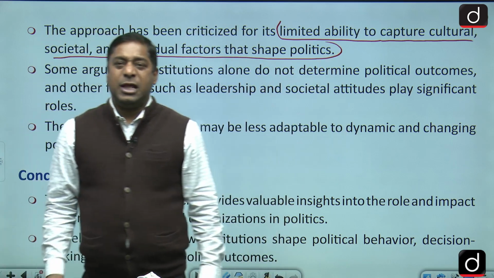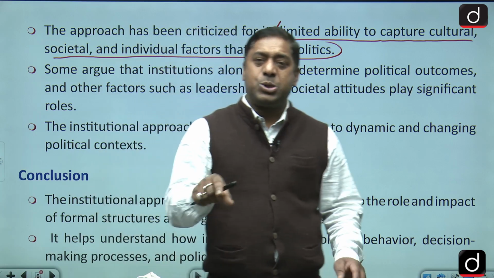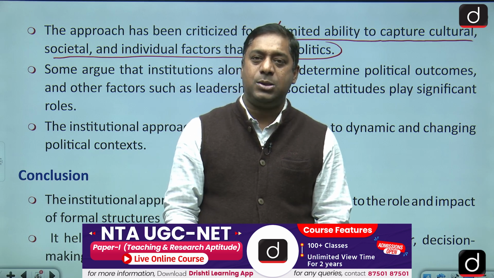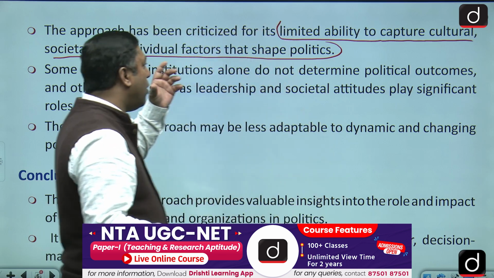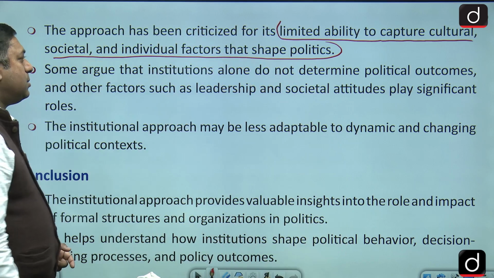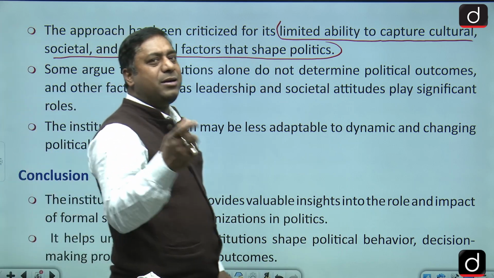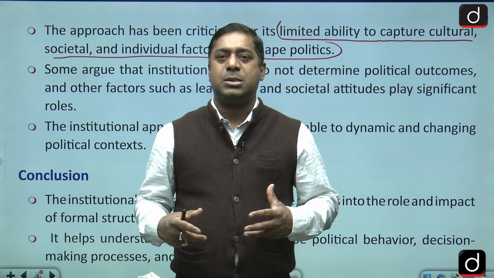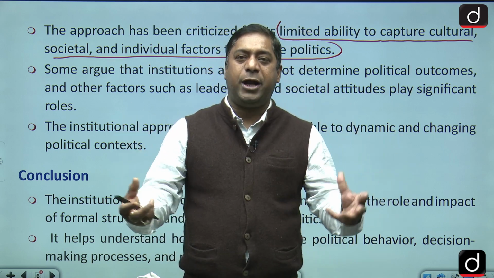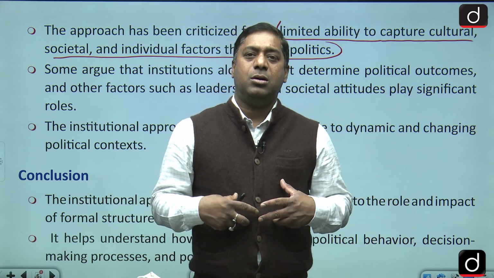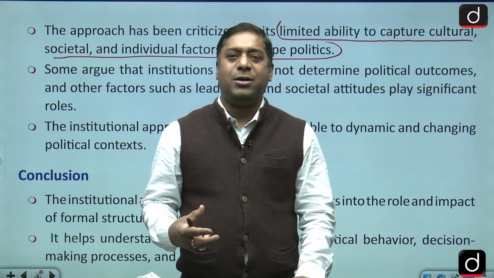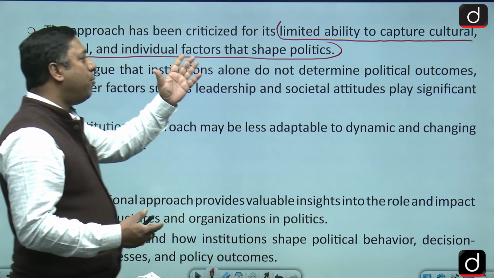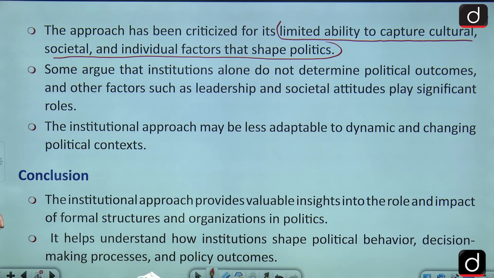The critics say that in the institutional approach there is no mention of cultural factors, individual factors, or societal factors which shape politics. This is the third criticism.